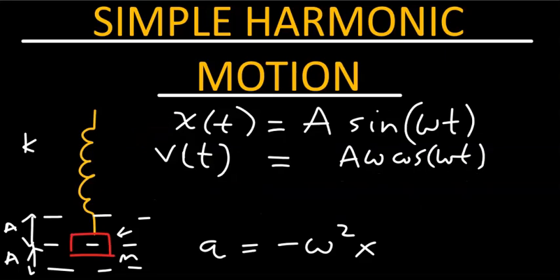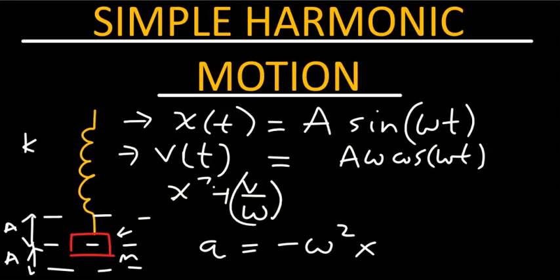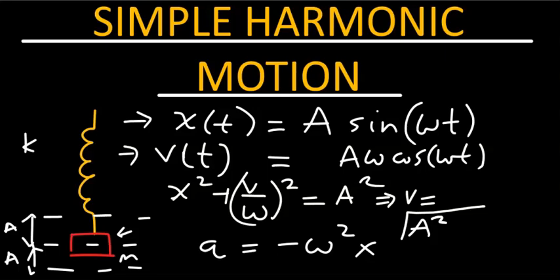We can get another equation that connects v to x in the following manner. From these two expressions, you see that when you take x squared plus v over omega, squared, the answer is A squared. And this will enable us to express v in terms of x, namely, v becomes plus or minus omega times the square root of A squared minus x squared.